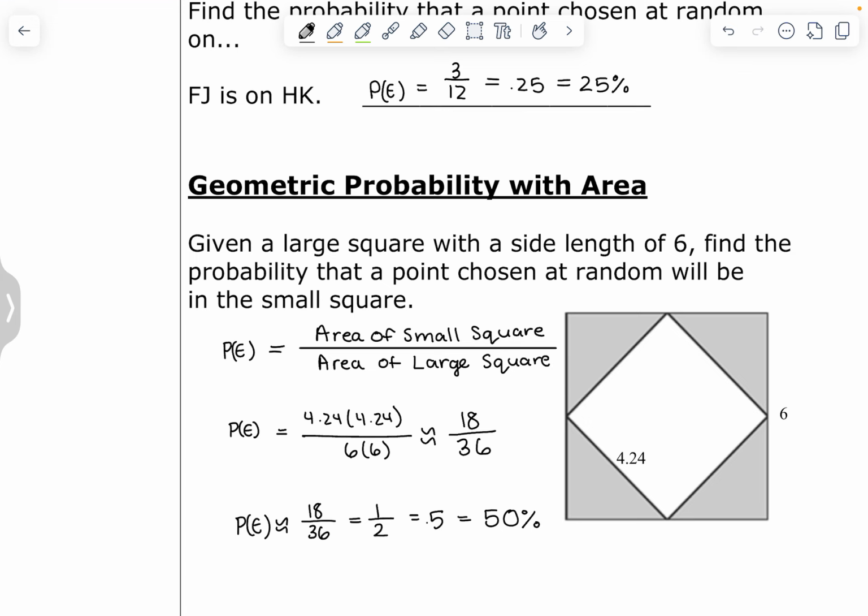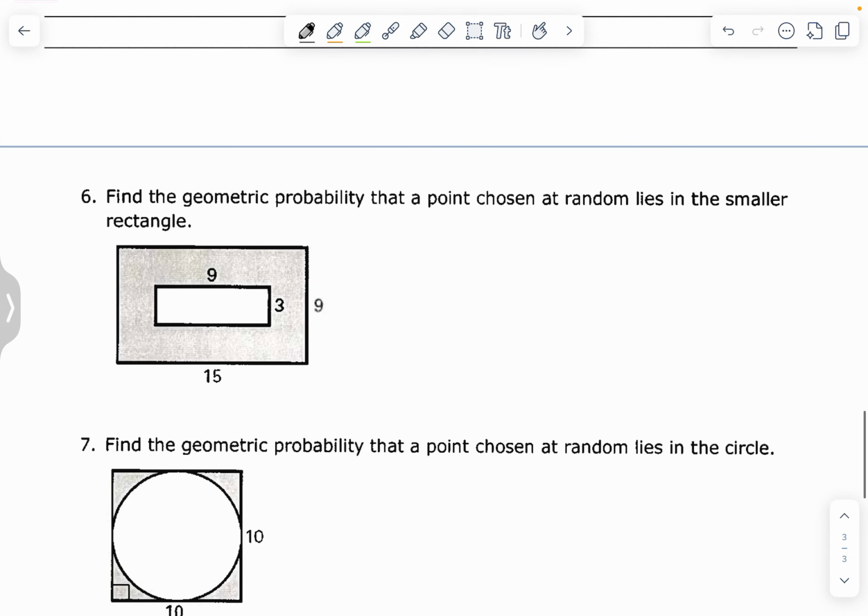And so now we're going to get some more practice with geometric probability using area. So go ahead and turn to the last page. Find the probability that a point chosen at random will lie in the smaller rectangle. So the probability of this event occurring is going to be the area of the small rectangle, 9 times 3, over the area of the large rectangle, 15 times 9.